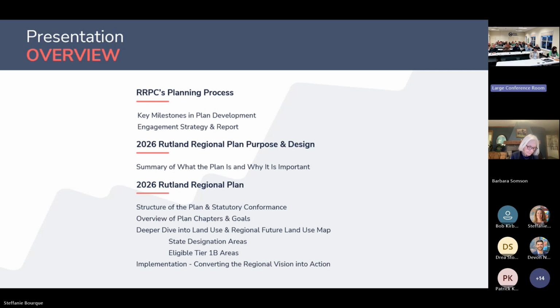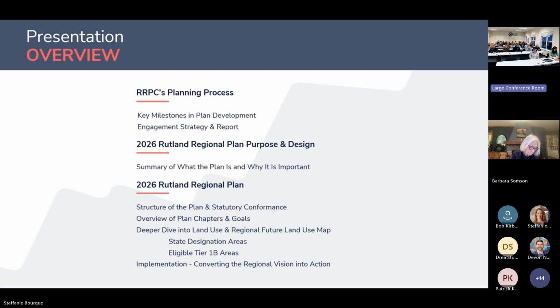We'll talk about the general structure of the plan and how we're demonstrating statutory conformance. Provide an overview of the plan chapters and the planning goals, because they're quite extensive. And then we'll do a deeper dive into the land use chapter and its companion piece, the regional future land use map.